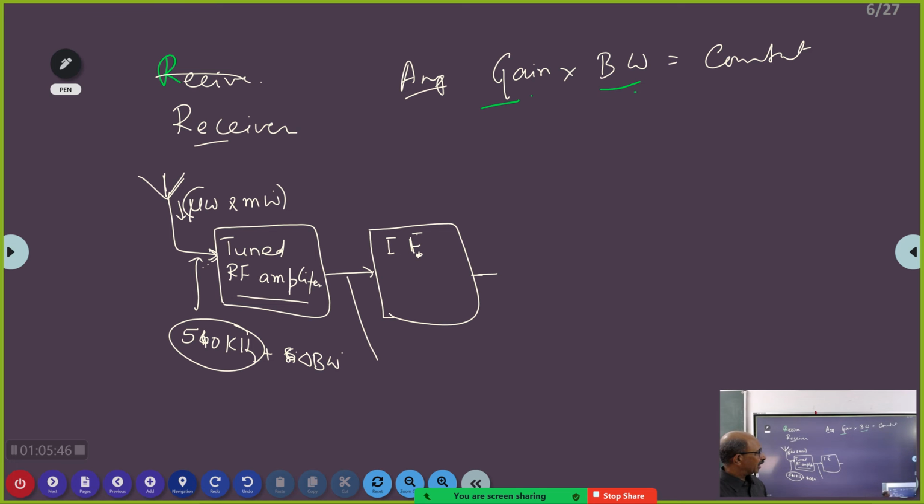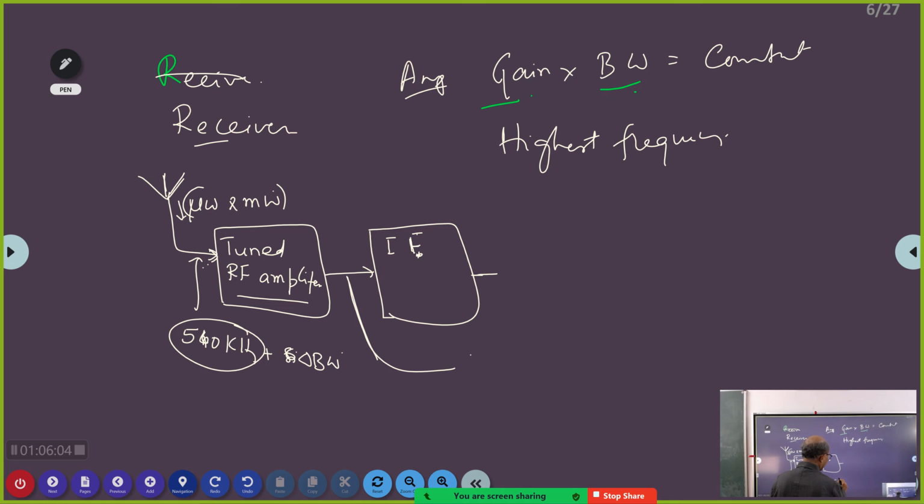Gain bandwidth is one issue. The second thing is the highest frequency that it has to handle. What is the highest frequency it has to handle here? Omega C, see here. It's a modulated signal.